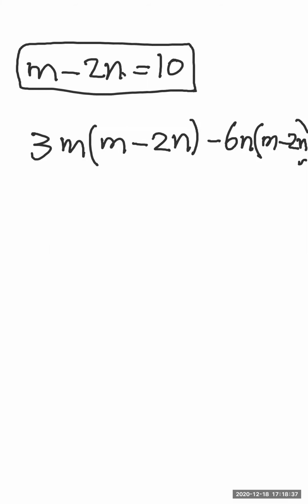How to solve this one? By using factorization. No problem. First step, get the HCF. Now, m minus 2n, m minus 2n, so only m minus 2n.